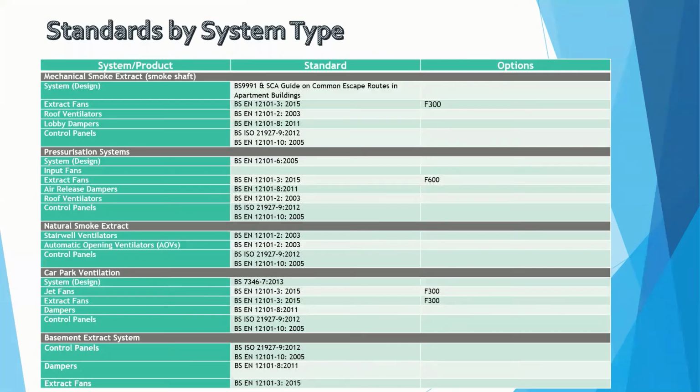As an aide-memoire, the following table details all the relevant standards that should be adhered to for the various smoke control products and systems used by a smoke control design engineer. This is an important document as it allows an understanding of the various BS and EN standards released. And as mentioned, a copy of this table is available on the SCA website.